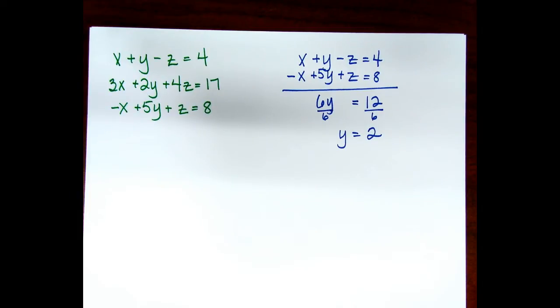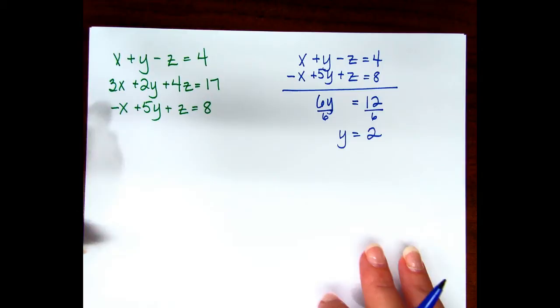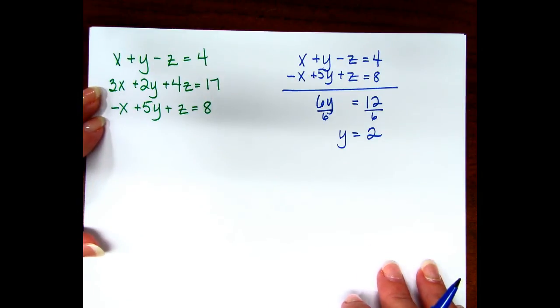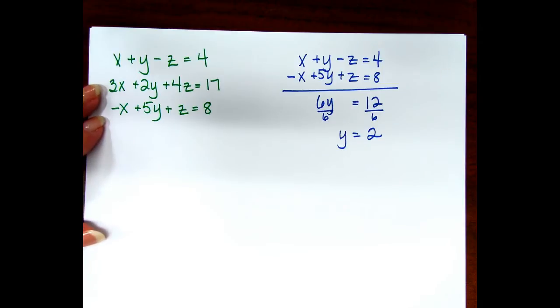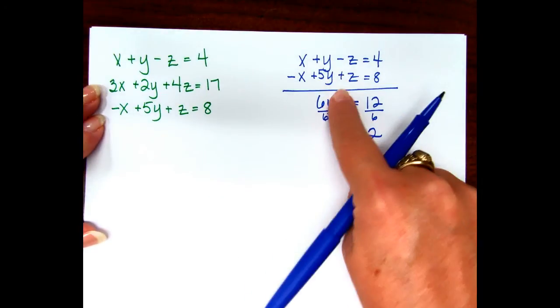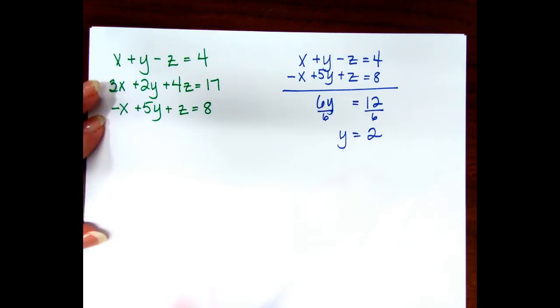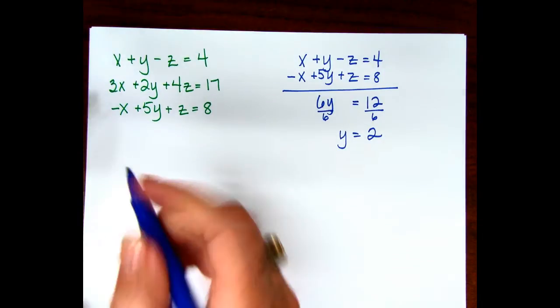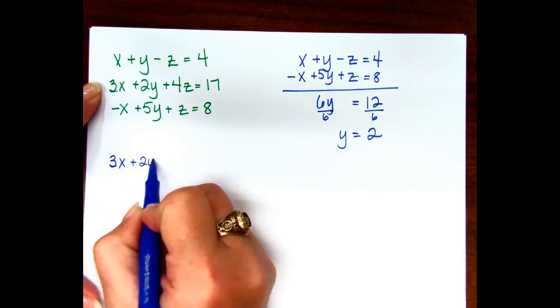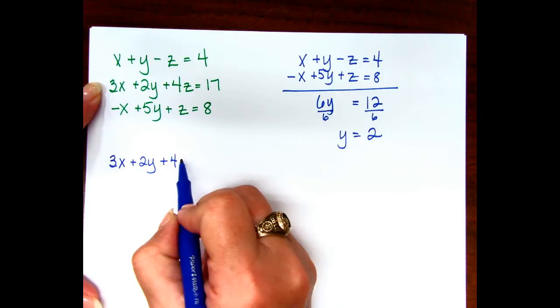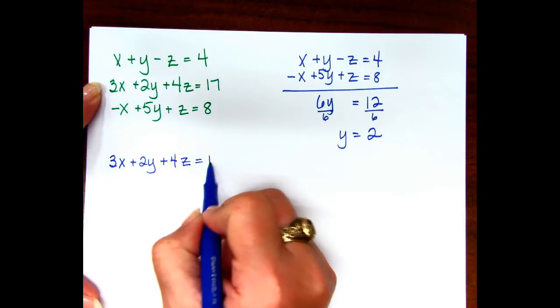Thank you. So if I were doing this problem, and I am, I would probably go back over here. I would ignore this for a second. I would go back over here and eliminate x again. That's what I did in the beginning to get this, but I want to go back over here and eliminate x again. So to do that, I'm going to rewrite my middle equation: 3x plus 2y plus 4z equals 17.